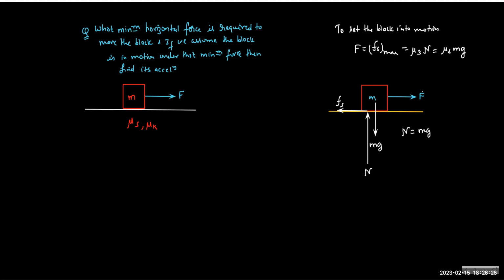But once the block is set into motion, what will happen? So what I'm saying is the block is set into motion now. Will the normal force change or remain the same?